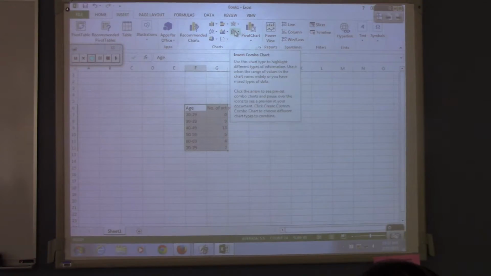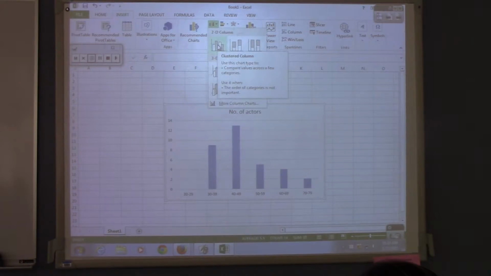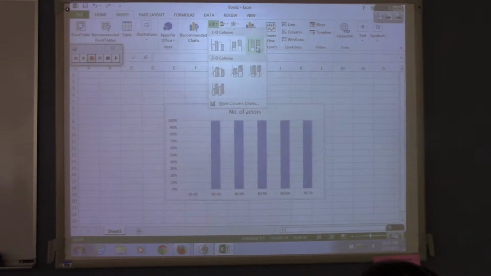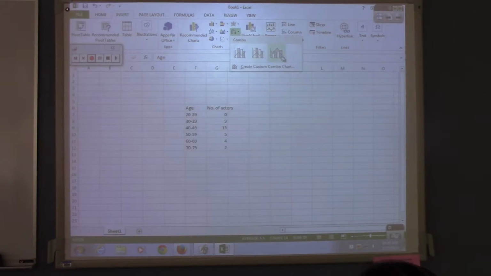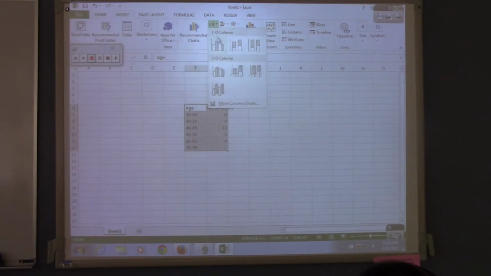I don't know where the histogram is. I thought they had one, but you can do a bar chart. I'm just going to go with bar chart.